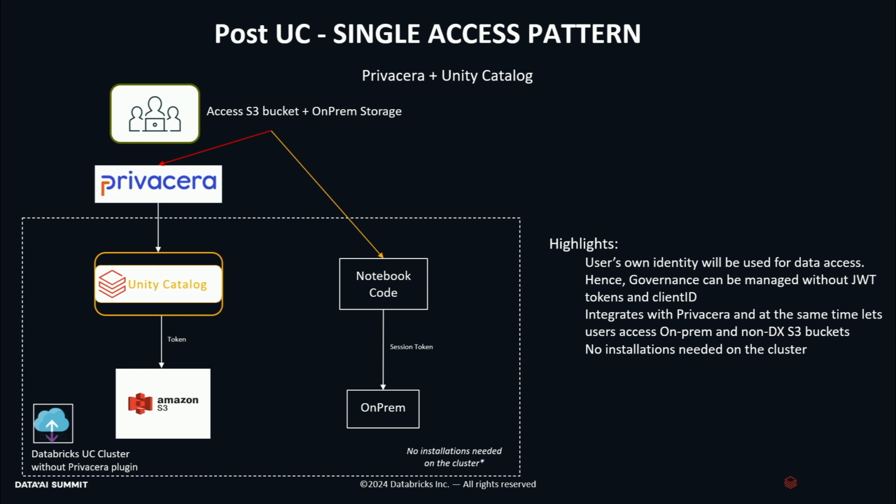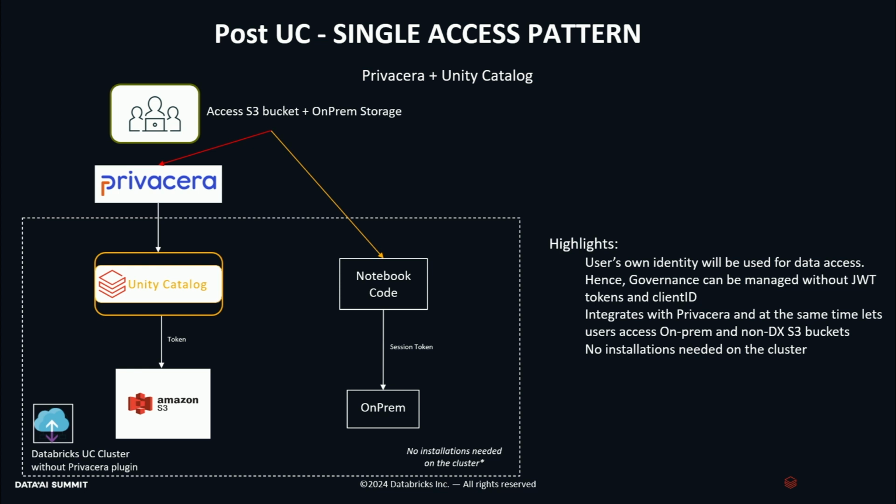So, this provides a more secure and robust access pattern, as you can see. So here in this single access pattern, for S3 access, it will just create that short-lived IAM token that I just explained a few minutes ago. It's going to provide access in that way. And on the same cluster, we can attach the Spark configs for your access and secret key for your on-prem data access.